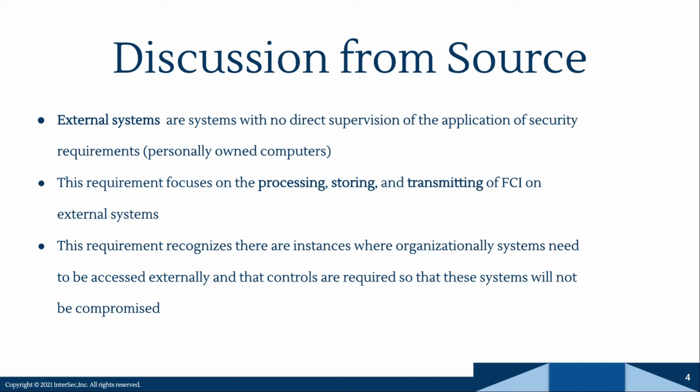This requirement further focuses on the processing, storing, and transmitting of federal information on said external systems. This requirement also recognizes that there are going to be situations where organizational systems need to be accessed externally for jobs or any other types of requirements. So these controls are implemented to ensure that the system does not get compromised by external entities.